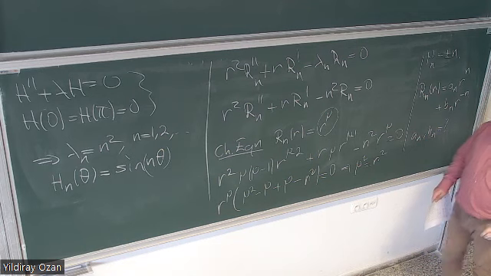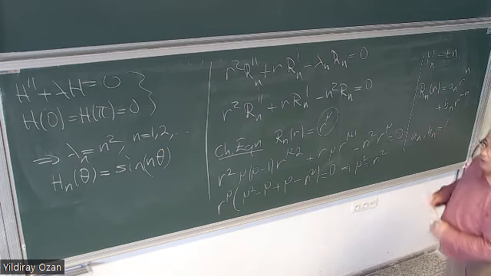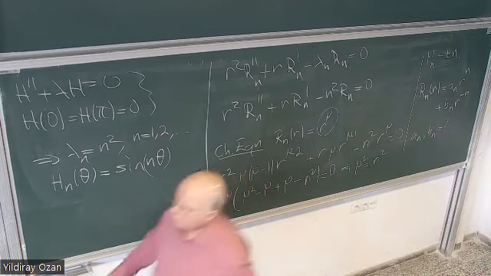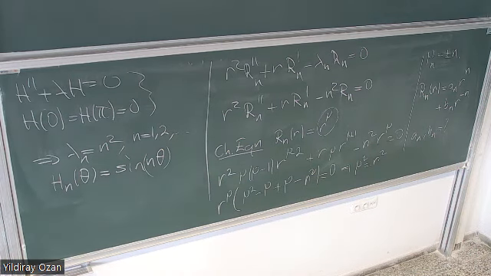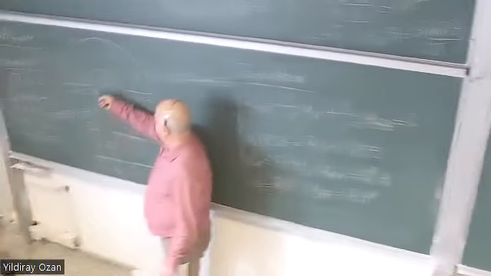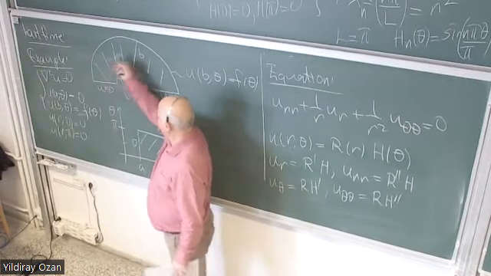And how will we do this? Well, we have two more boundary conditions, right? We used this one and this one, but I didn't use this boundary condition and this boundary condition.